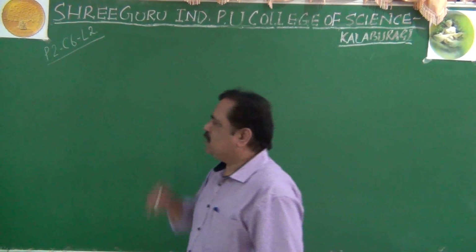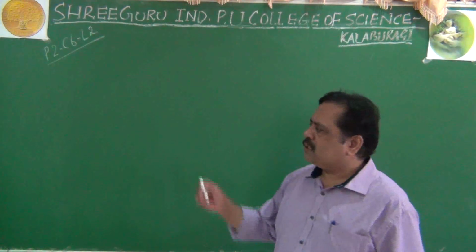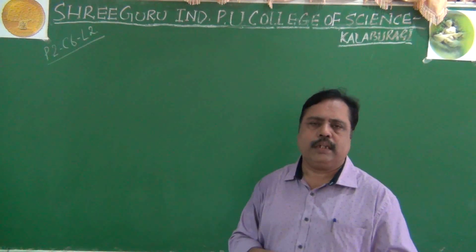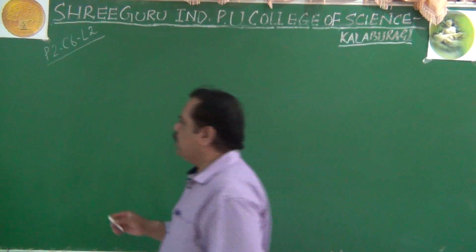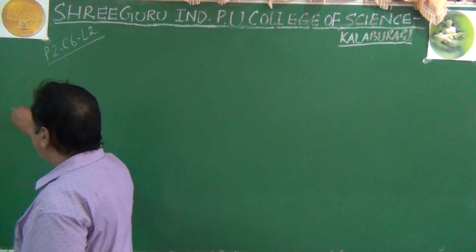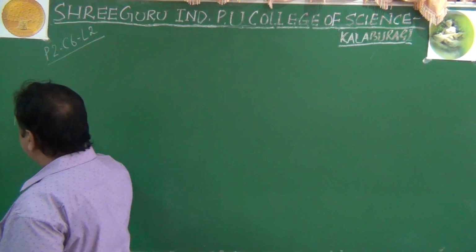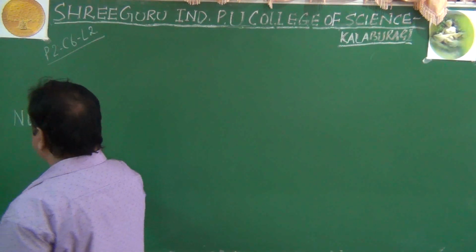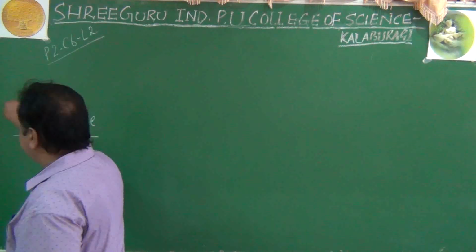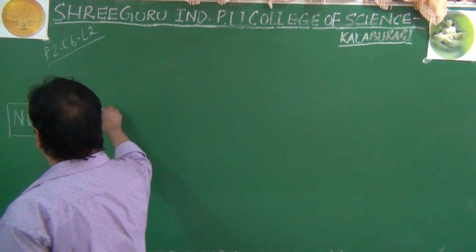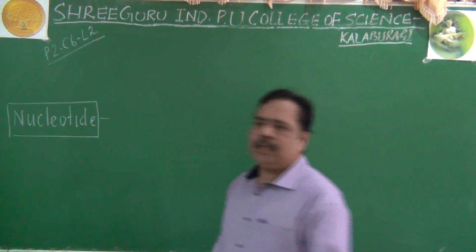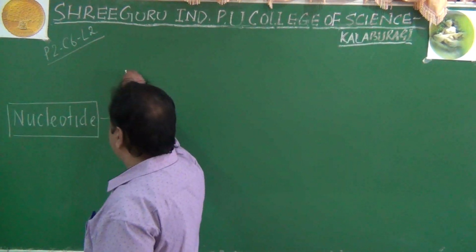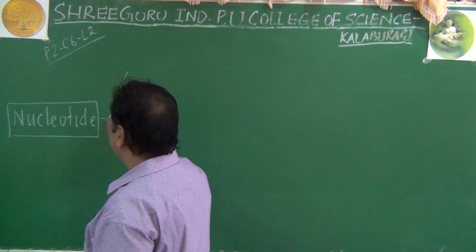So in this lecture number 2, let me recall what we studied in the previous class regarding nucleotide. I told you already, nucleotides are the building blocks of nucleic acid. Each nucleotide is made up of 3 parts.